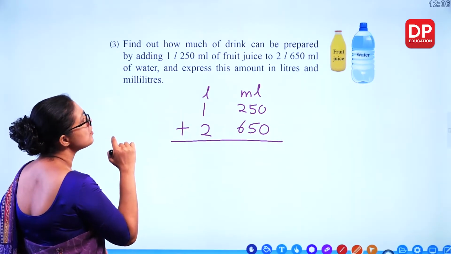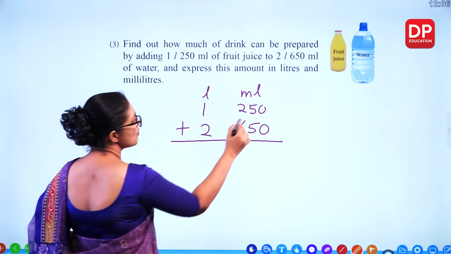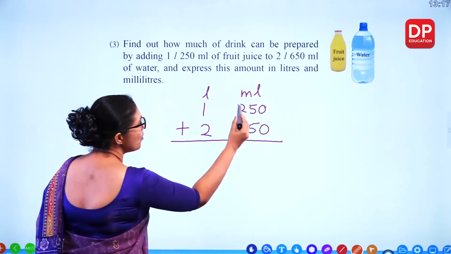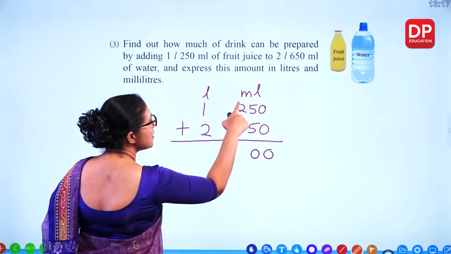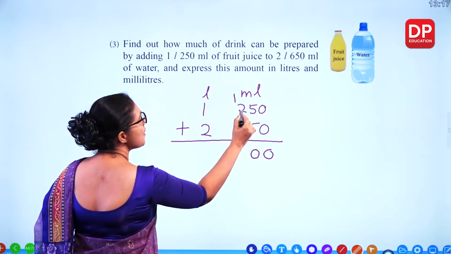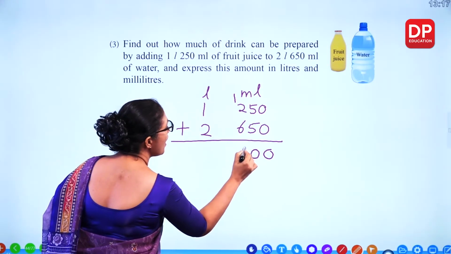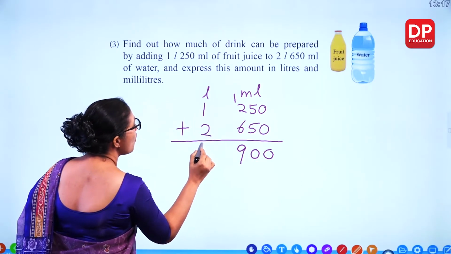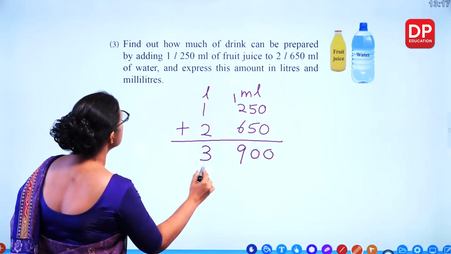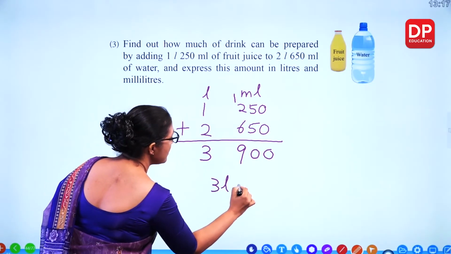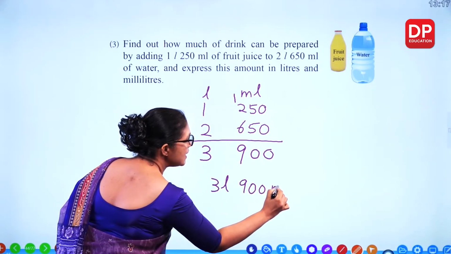This is addition. So liters and milliliters. Express this amount in liters and milliliters. Now add it together. 0, 5 and 5, 10. Take 1. 6 plus 2, 8. 8 plus 1, 9. 2 plus 1, 3. So what's the value? 3 liters and 900 milliliters.